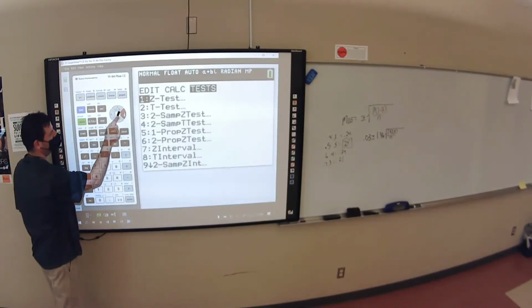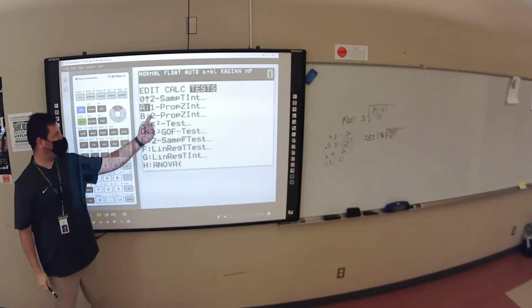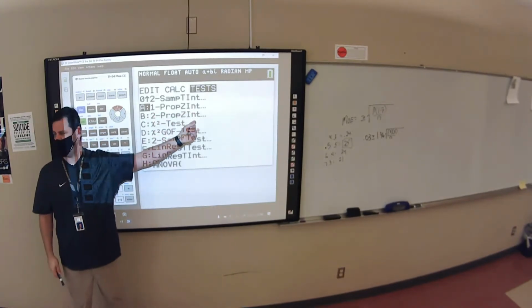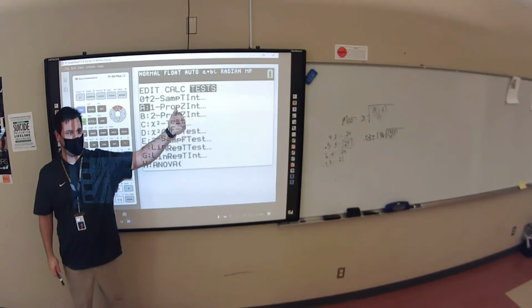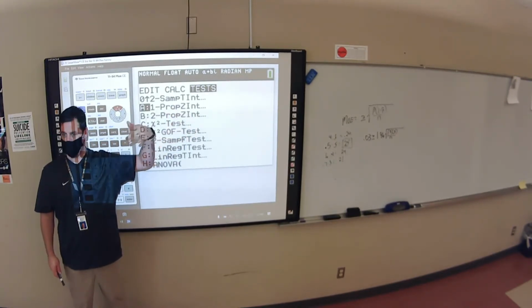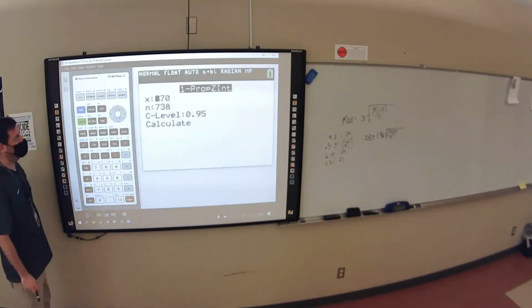Oh, I went over. 1 prop Z interval. That's your method. So that's even nice because, oh yeah, I need to write that down. That's one of the points that you're going to get. So I do 1 prop Z interval and hit enter.